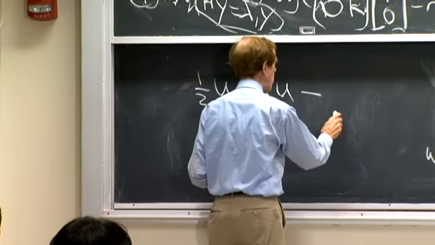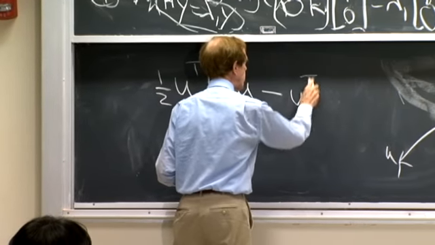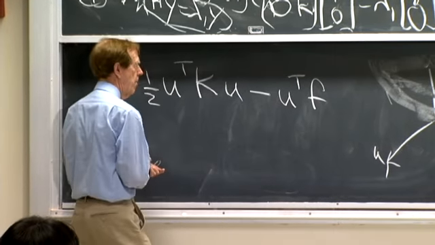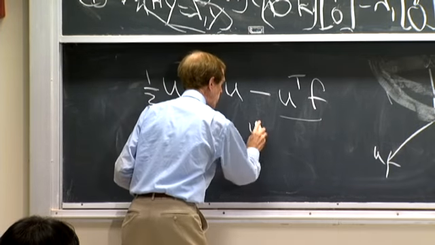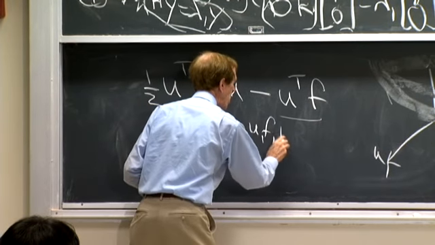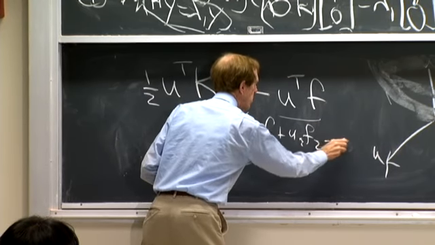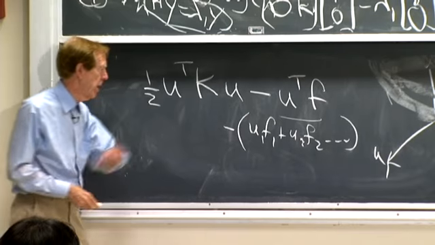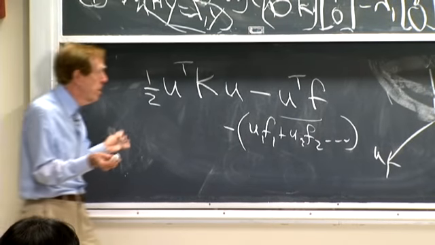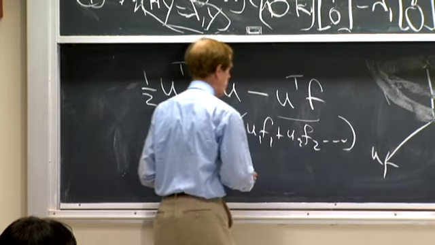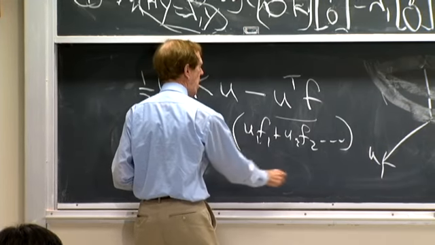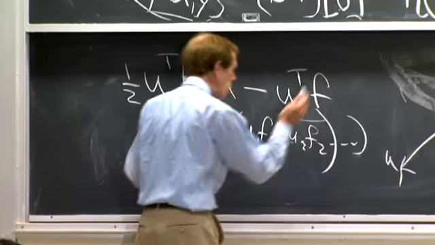So the linear term is going to be U transpose F as the shorthand for it. And of course, we all know that that stands for minus U1 times F1, minus U2 times F2, and so on. However many dimensions I'm in. You can imagine I'm in 2 dimensions. So it's minus U1 F1 minus U2 F2. Good.